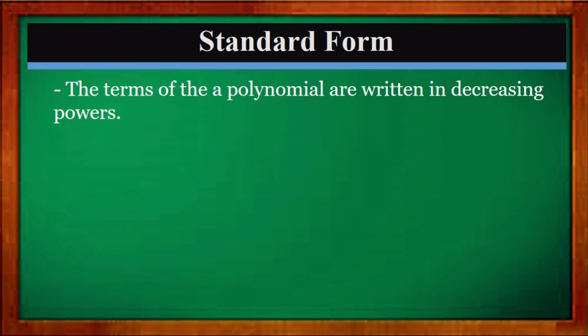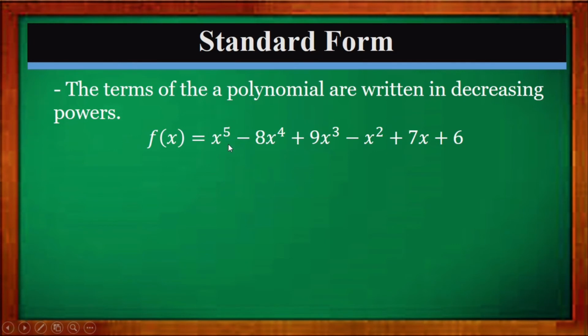So, kanina yung given function natin, which is f of x equals x raised to 5 minus 8x raised to 4 plus 9x cubed minus x squared plus 7x plus 6, is an example of a polynomial which is already in standard form because it is arranged or written in decreasing powers, mula sa may pinakamataas na exponent hanggang sa may pinakamababang exponent.